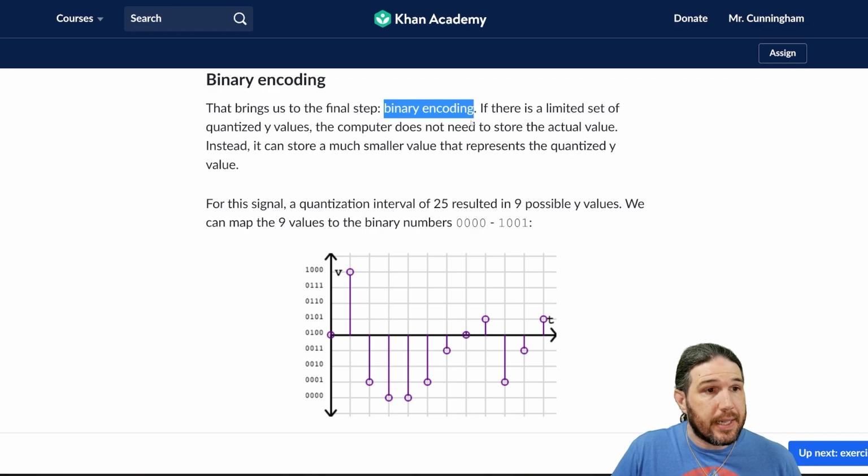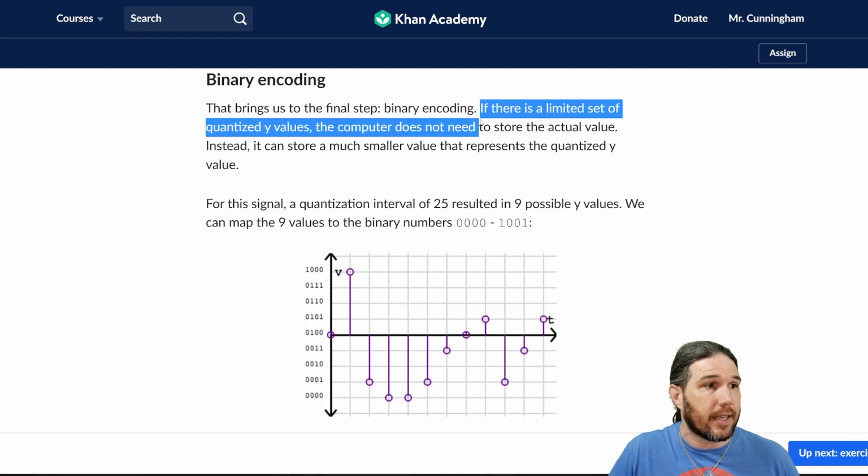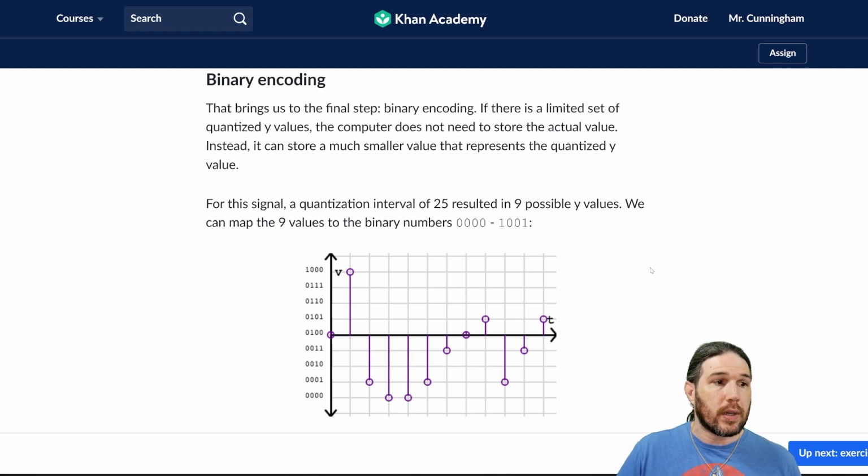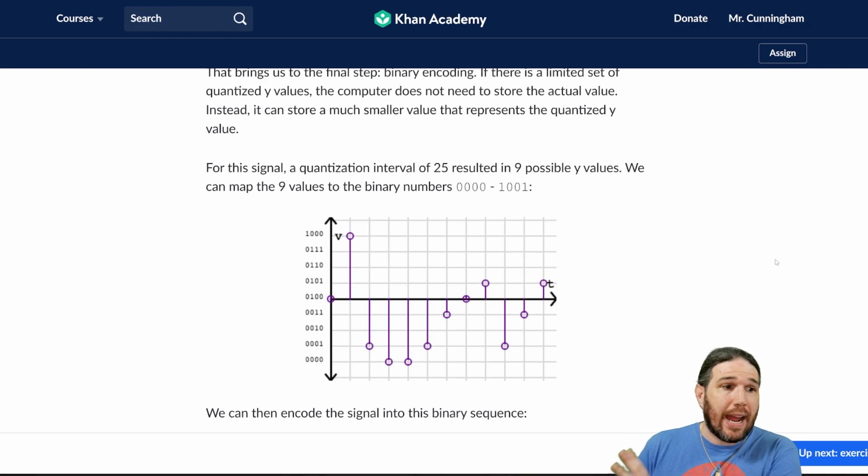If there is a limited set of quantized y values, the computer does not need to store the actual value. Instead, it can store a much smaller value that represents the quantized y value. For this signal, a quantization interval of 25 resulted in 9 possible y values. We can map the 9 values to the binary numbers for 0 through 9. So if you take a look at this graph, this is still the same graph, they are still the same points.